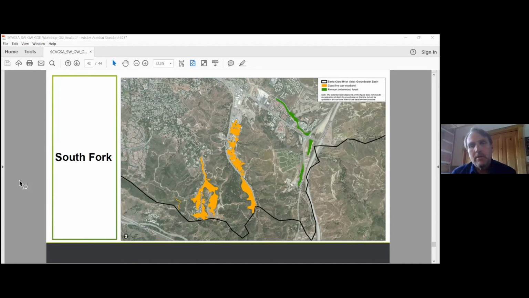And you can zoom even closer if you want and get down to the street map level and see where that vegetation is. It's hard to see on a computer screen, but it does have a good definition to it. And again, these are potential areas where that root zone has access to groundwater consistently. Next slide.